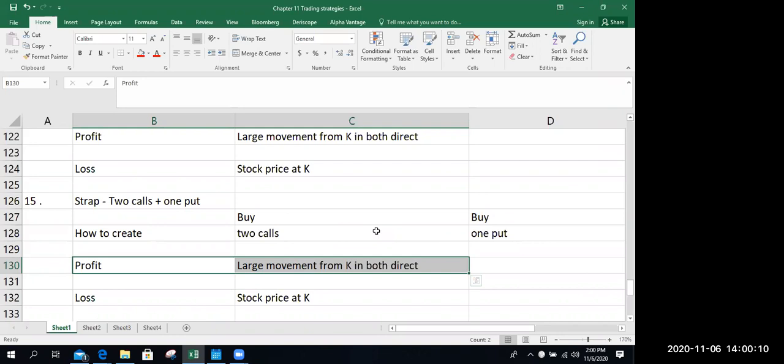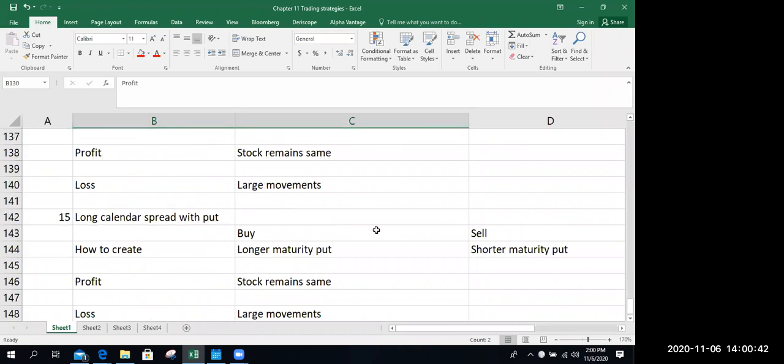If you think the probability of a rise is more, you'll go two calls, one put, right? If you think the probability of a fall is more, you'll go two puts, one call. So you make money even if it doesn't happen, but you're putting your probabilities in play.